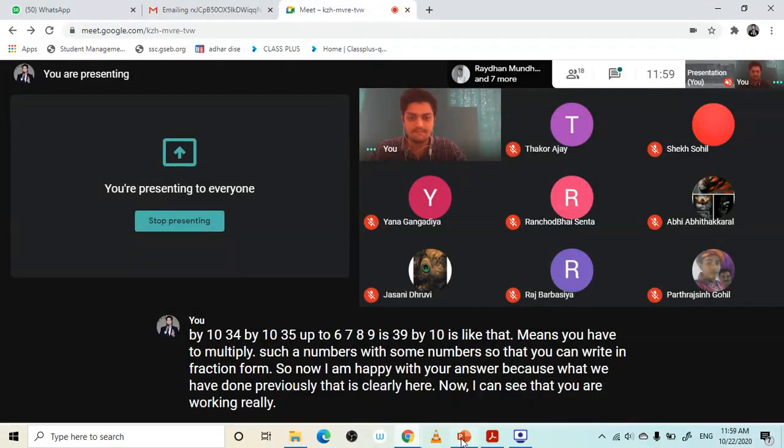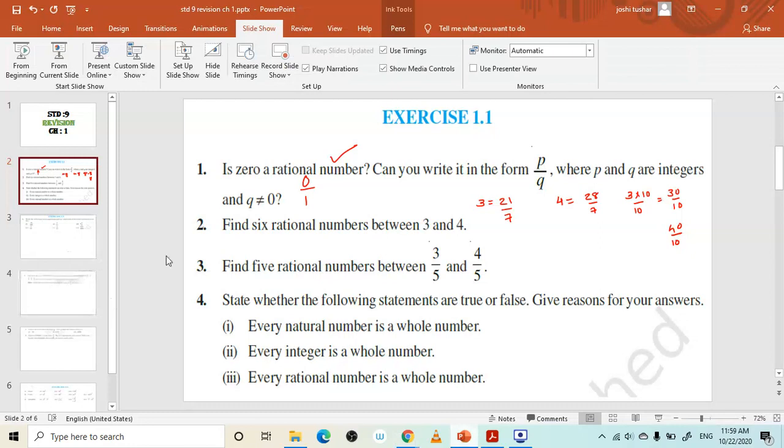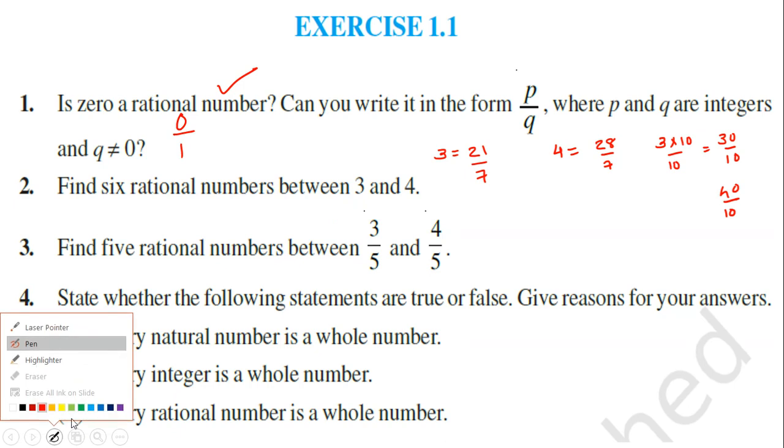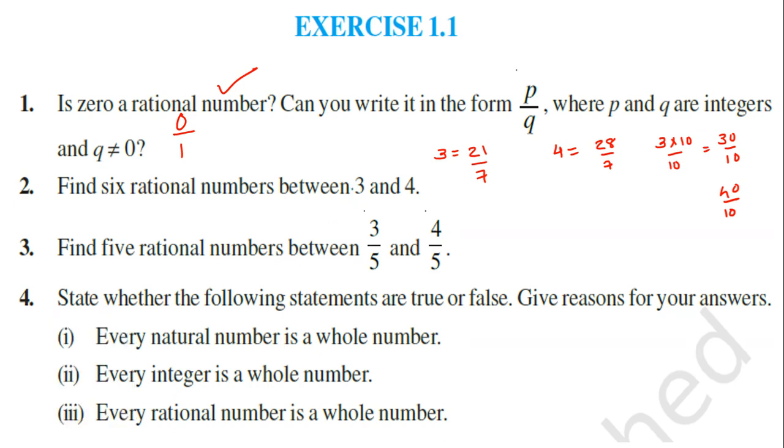Okay, next is the same thing again. Five rational numbers we have to find between 3 by 5 and 4 by 5. Then multiply by some number. Multiply by which number? Yes, by 10. Actually, you can multiply by 10, by 100, by any number, but by 10 it will become easy.